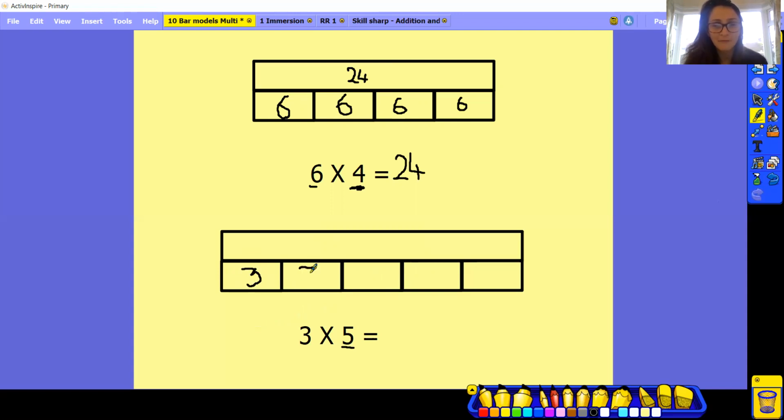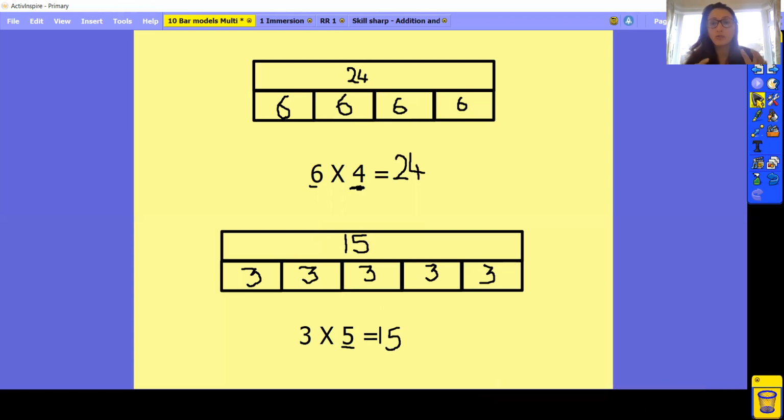So we have 3, 6, 9, 12, 15. So remember, 3 lots of 5 equals 15. Let's try it again: 3, 6, 9, 12, 15. So well done if you said the whole was 15.